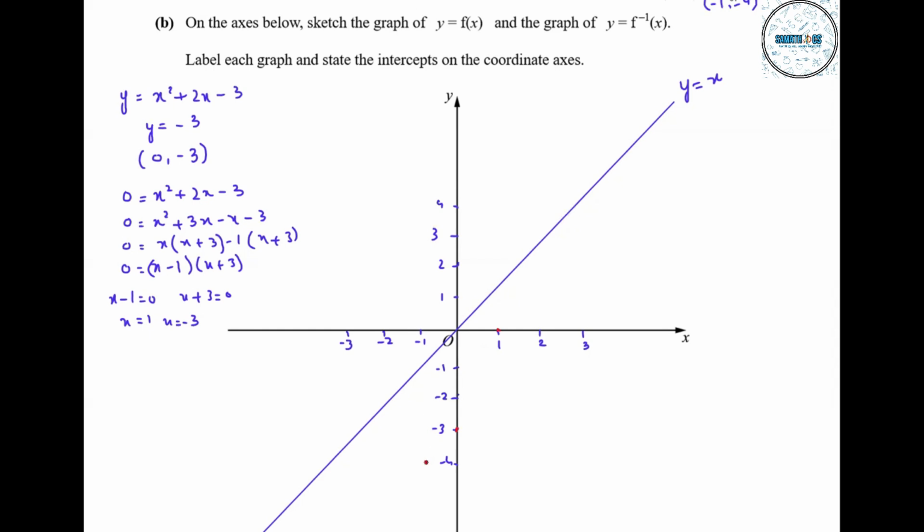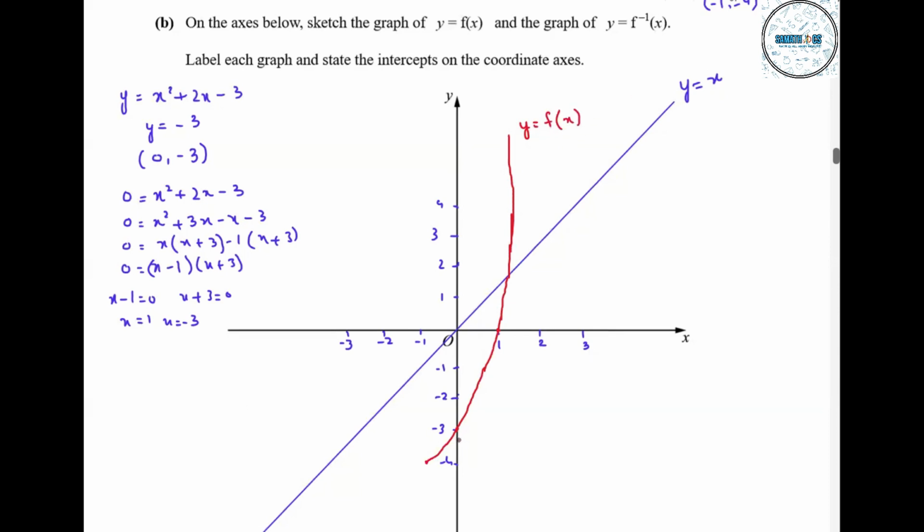So now we can sketch the curve like this. This is the graph of y is equal to f of x.